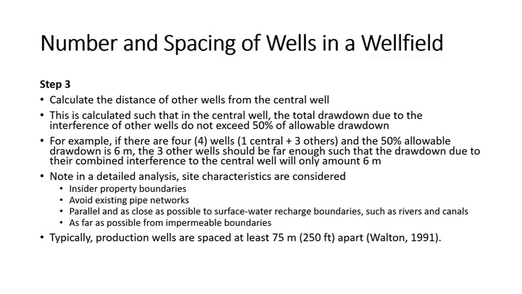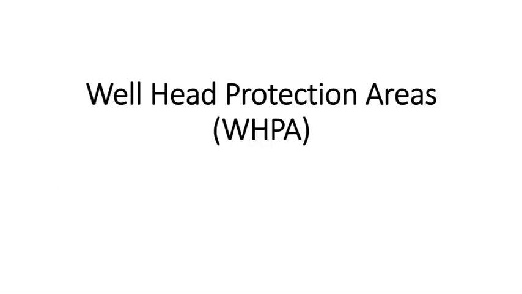All right, because you're essentially not getting any water from the side near the impermeable boundary. Typically, production wells are spaced at least 75 meters apart. But of course, when we are doing design, this could be much larger. So of course, we'll be talking about the method in detail in the exercise.